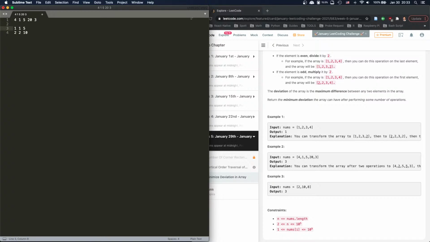Next position, let's see, 5. Let's do one more. 5, 10, and 20. Right, because 20, we can only divide to 10, can only divide to 5. And the last one will be 3, and multiply will be 6. So that's how it looks like.